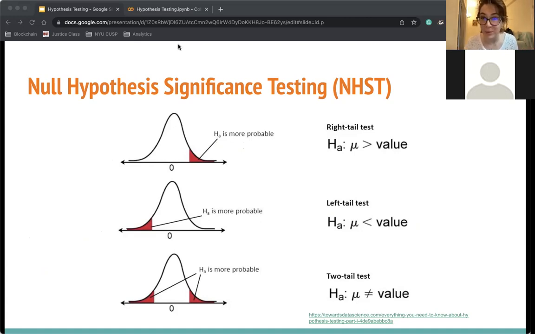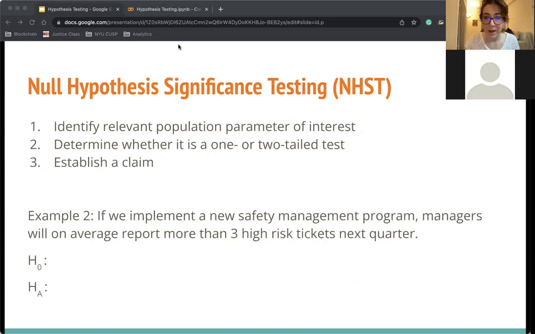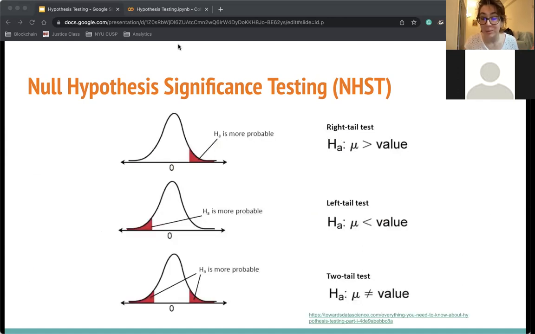In the second example, we were talking about our different safety program, and we want to say it'll be more than we would expect to see. That would be this right-tailed test. And in that last example, where we said that the energy efficiencies would now be below a value, we would use that left-tailed test. So this gets back to chapter 6 when we were doing this continuous interval testing.